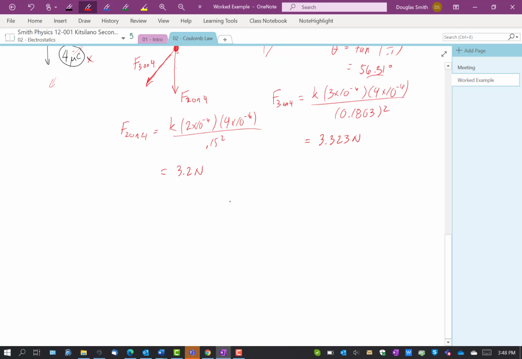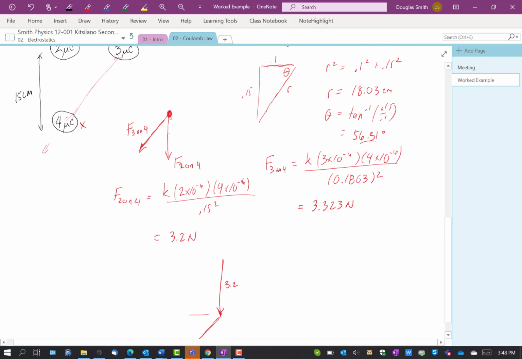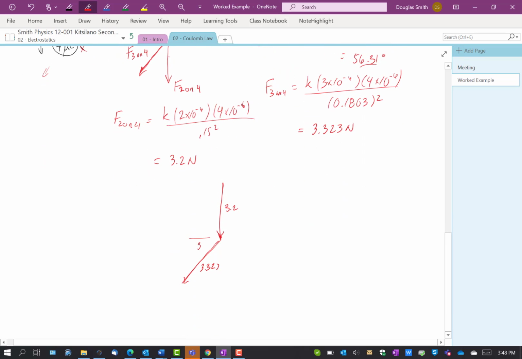So it's going to be 3.2, and then this is 3.323, and that angle there is 56. And I'm looking for the resultant, that thing there.